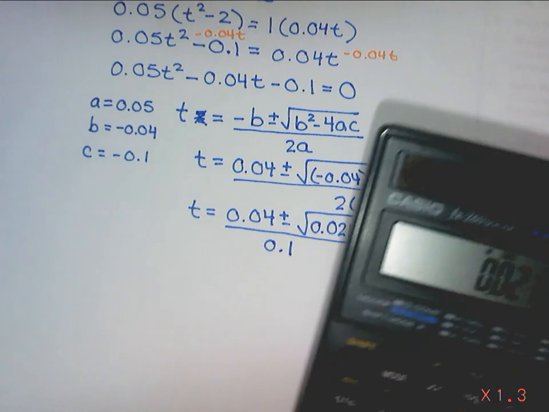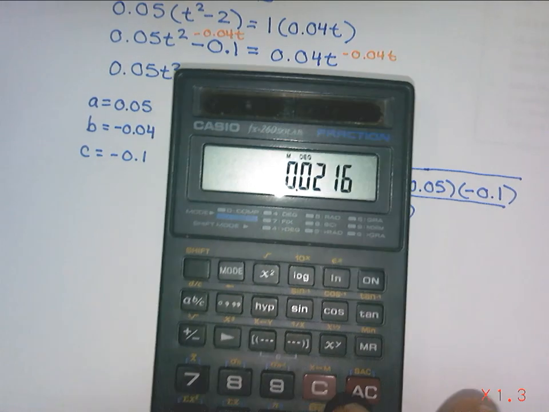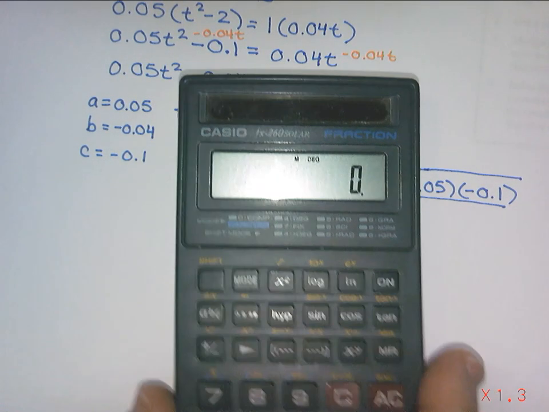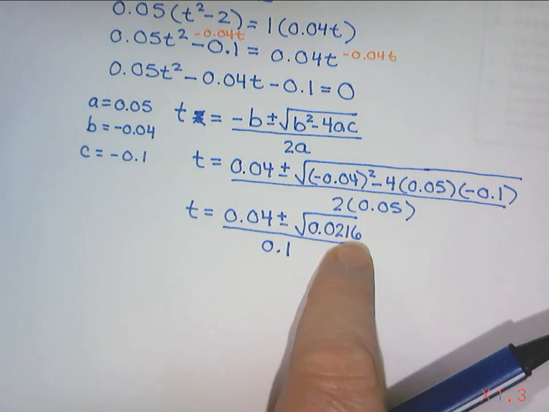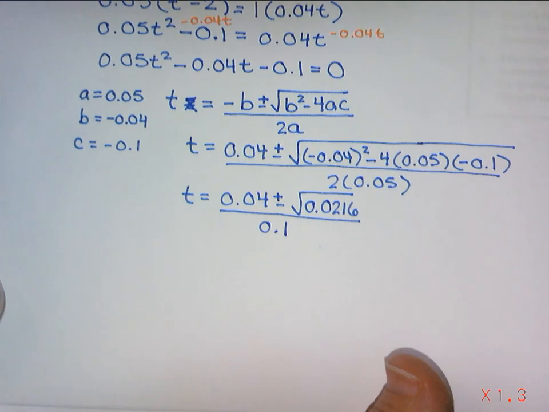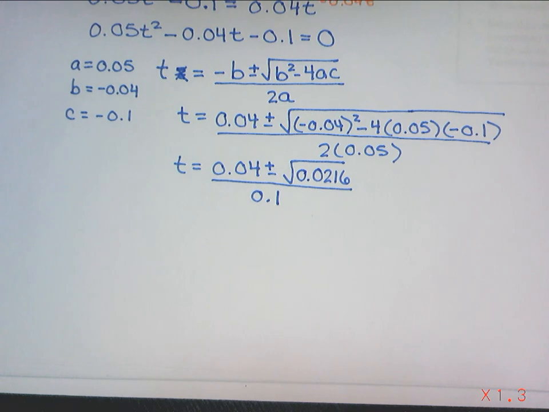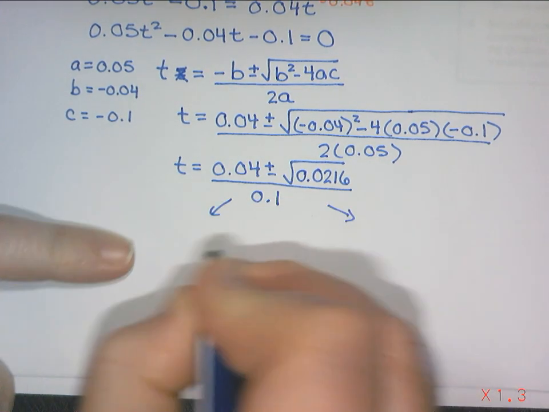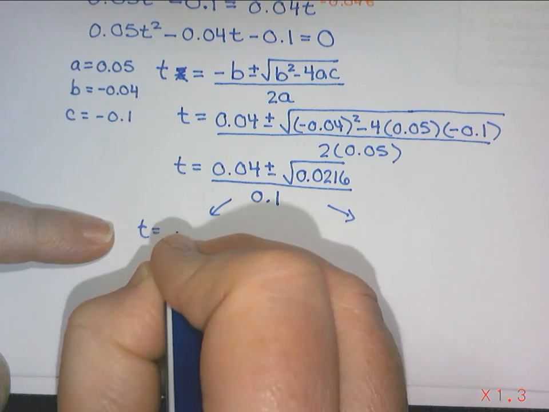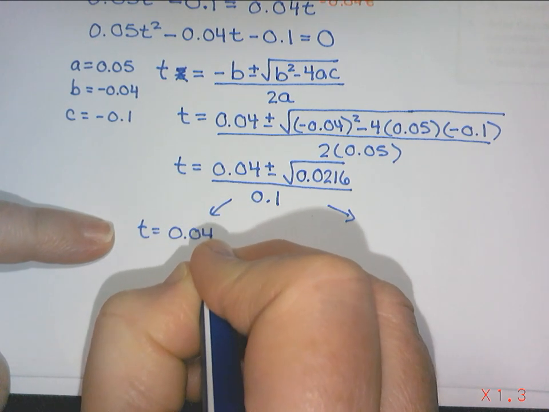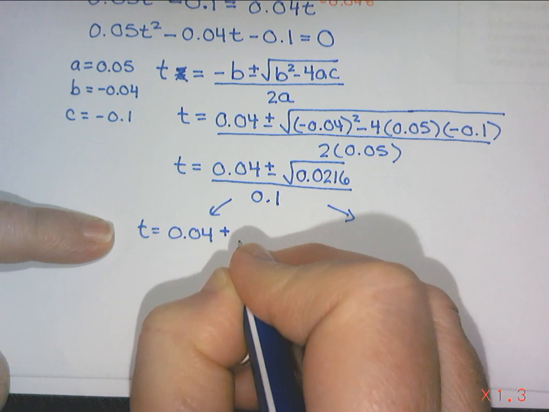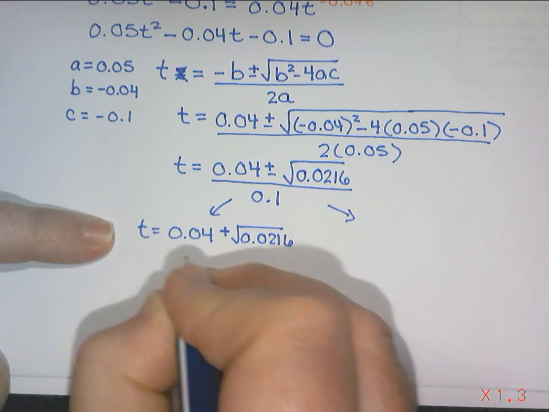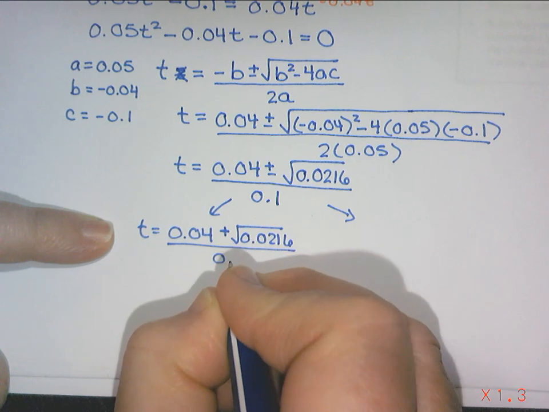Okay, now, does this number have a nice square root? No. So if it did, I would work it out and then just write the answer here. But because it worked out to be a decimal, I don't really want to have to write that down. So I am just going to split it into its two answers. So I have t equals 0.04 plus the square root of 0.0216, and then that is divided by 0.1.